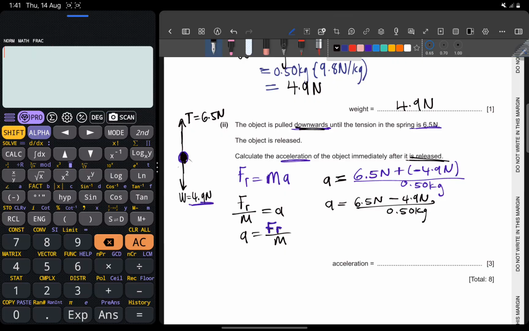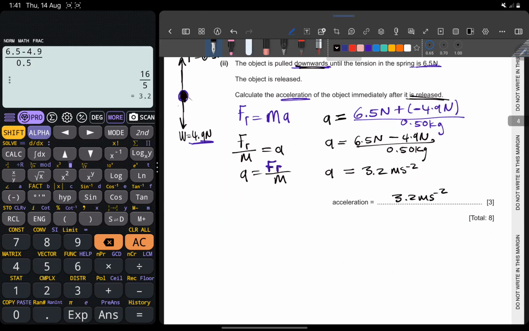So we're now going to say a fraction, 6.5 minus 4.9, divided by 0.5. We're going to get our acceleration as 3.2 meters per second squared. So what is this? 3.2 meters per second squared. This is going to be our acceleration, and we are done.